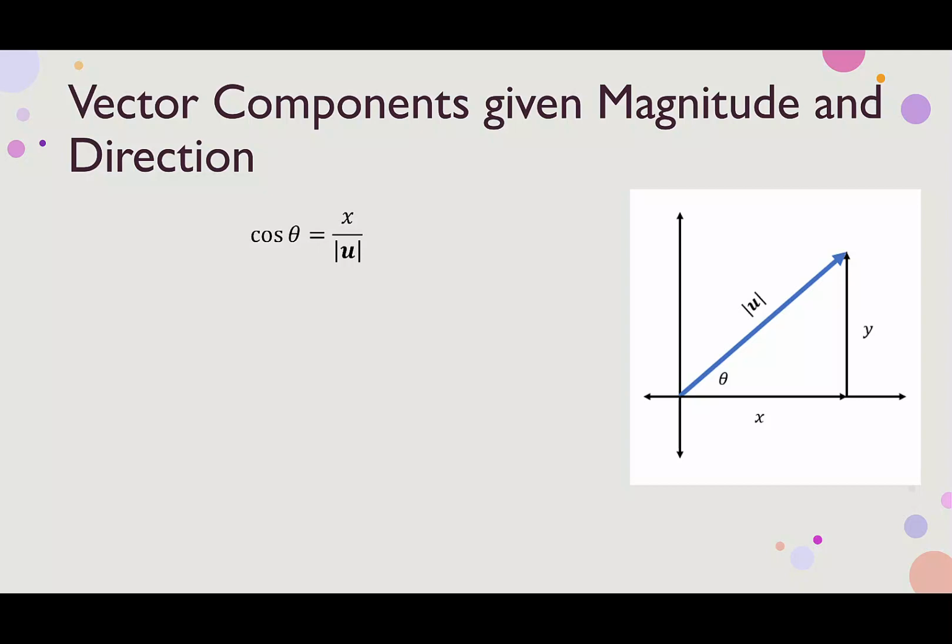We could rewrite this and solve for x, which gives us x is the magnitude of u times the cosine of theta. We can also look at sine theta, which is equal to y over the magnitude of u. Rearranging this equation, we get that y is the magnitude of u times the sine of theta. This allows us to write the vector u as the magnitude of u times the cosine of theta i plus the magnitude of u times the sine theta j.